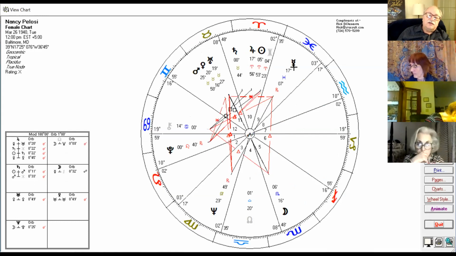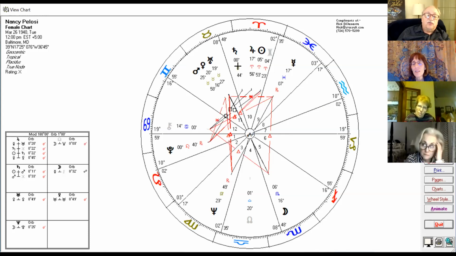Mercury is in Pisces in the 9th house. Venus and Mars are both in Taurus. They're both in this big piece of pie, which is called the 11th house. Jupiter is next to our sun in Aries in the 10th house also. Saturn is also in Taurus in the 10th house.